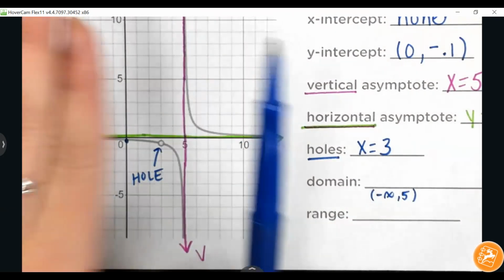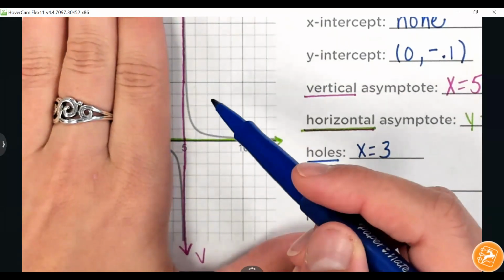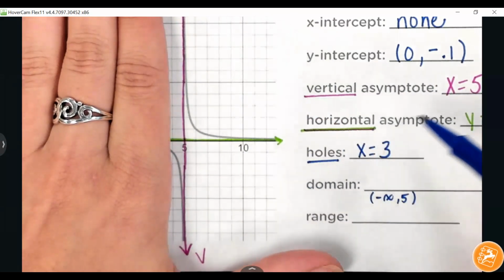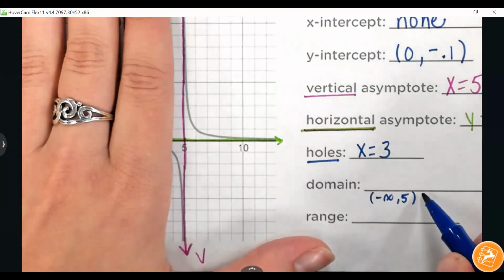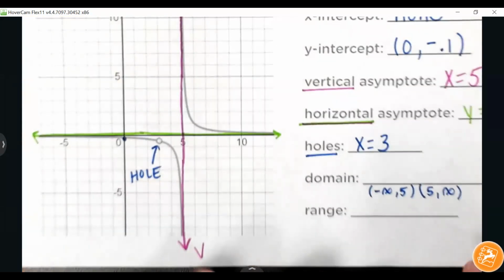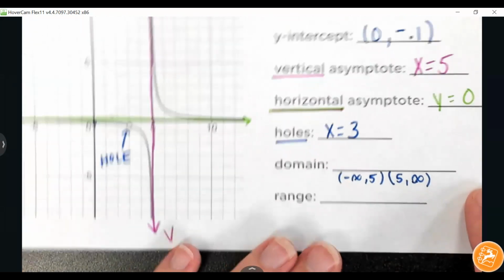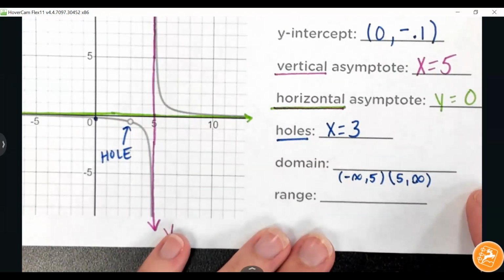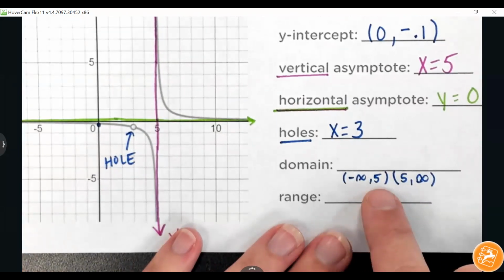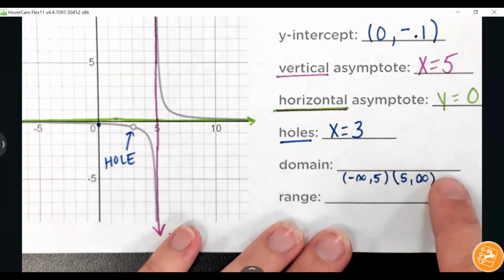Because I can't touch that asymptote. Now, what if I just have this graph? What is my domain going to be? Where does it start? 5, and it goes all the way to what? Infinity. So that domain would be 5 to infinity. Now, instead of writing this out every single time, because it's going to become a lot in a little bit, I can change how I write it. I can say my graph goes all the way from negative infinity to positive infinity.